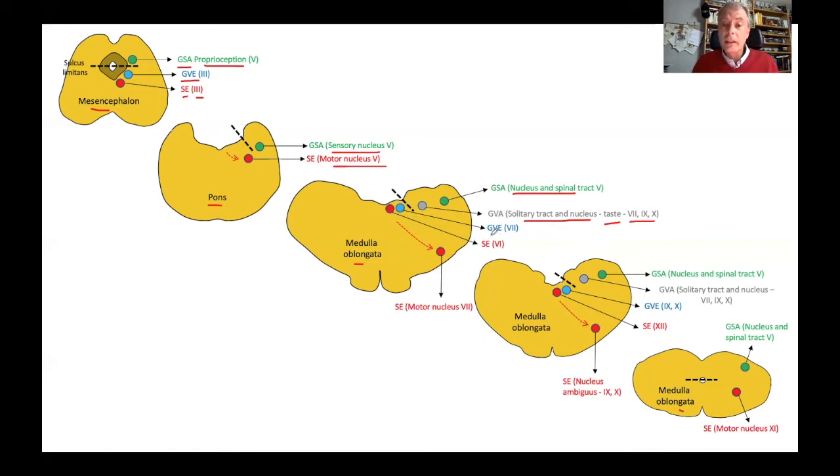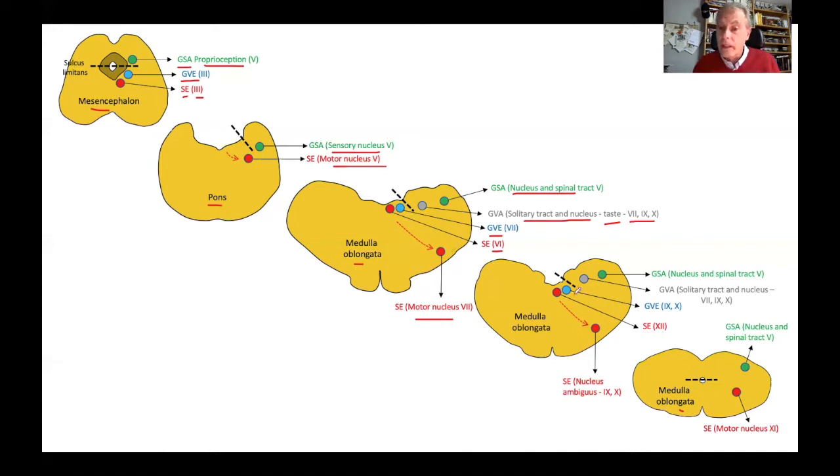Dorsally located, the general visceral efferent component of the facial, and more ventrally, the motor nucleus of the abducent. Notice that the motor nucleus of the facial has moved to a ventrolateral location, okay, here.